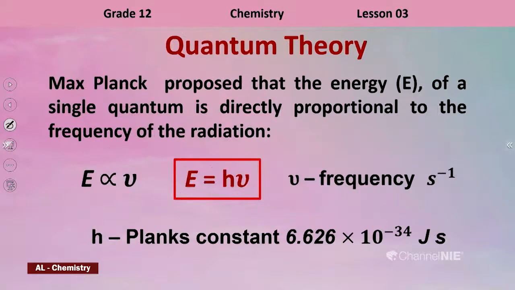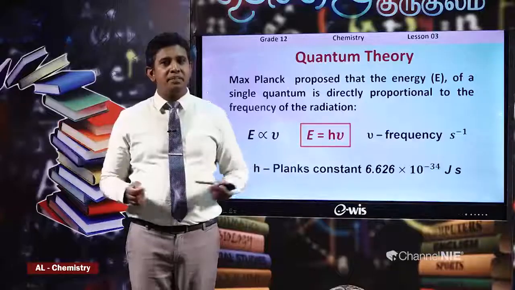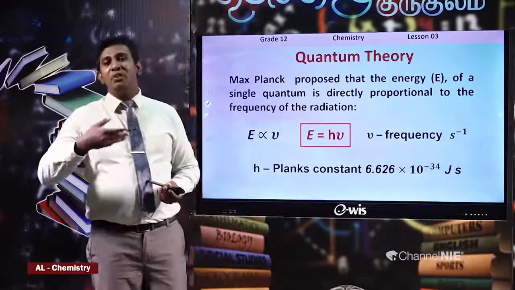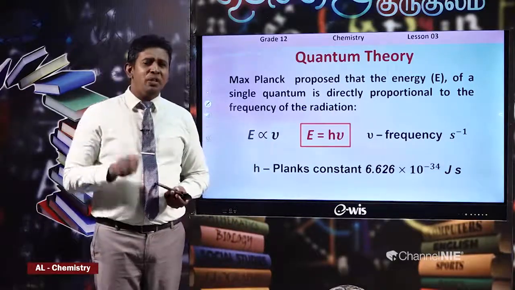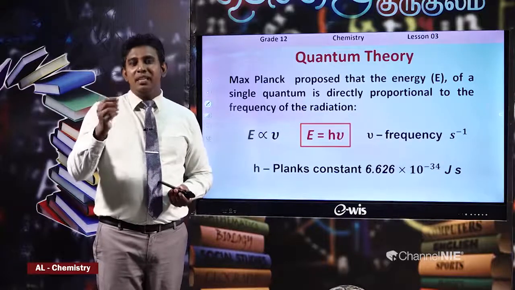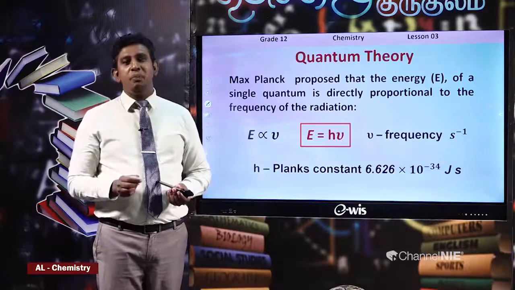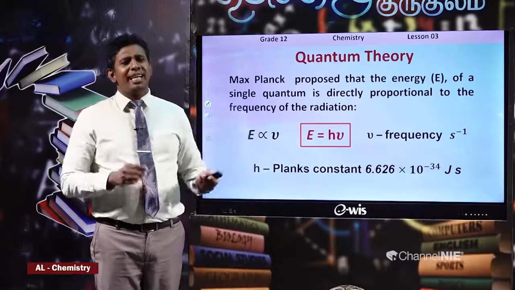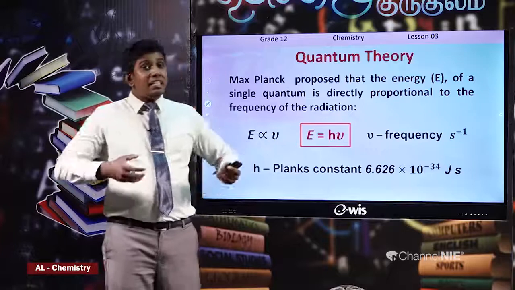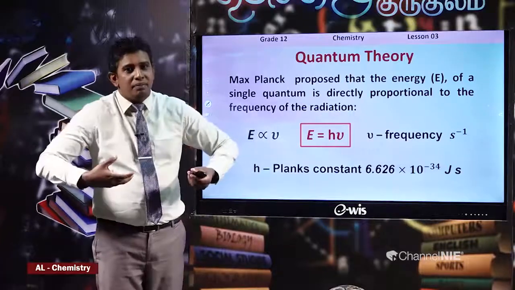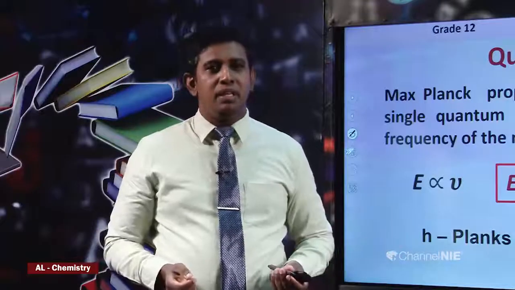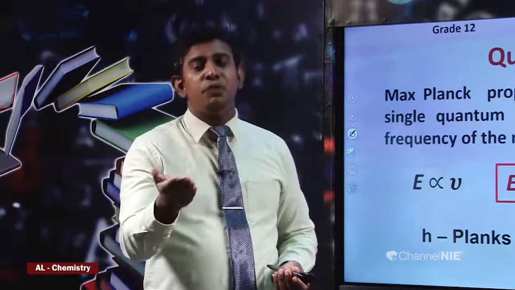Then students, he further said when it is electromagnetic radiation, all the electromagnetic radiations have their own frequencies. Okay, so he said that these frequencies would stand for the energy amount. In other words, the energy amount of each quanta, each energy packet, each discrete amount, would be directly proportional to its frequency.